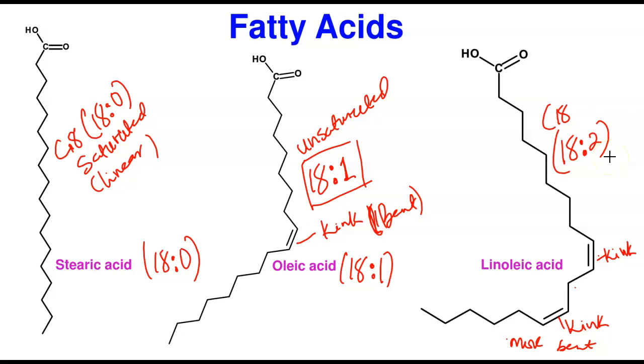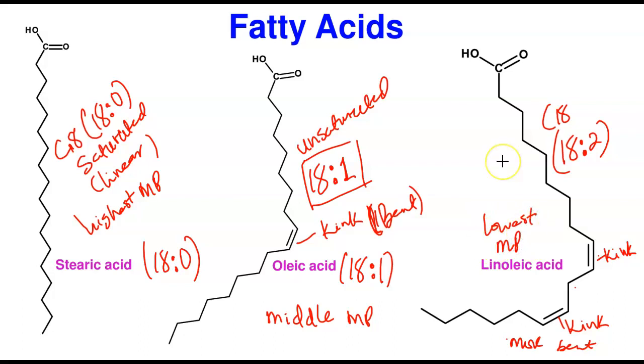And you can imagine, if you have more of these packing together, it is going to create a lot of space. So if I want to grade the melting point of these, this will have the highest melting point, followed by the middle one, which has the middle melting point, and this is going to have the lowest melting point.